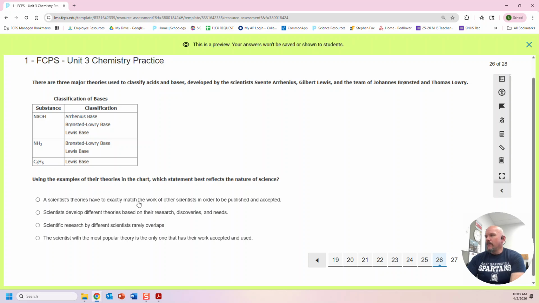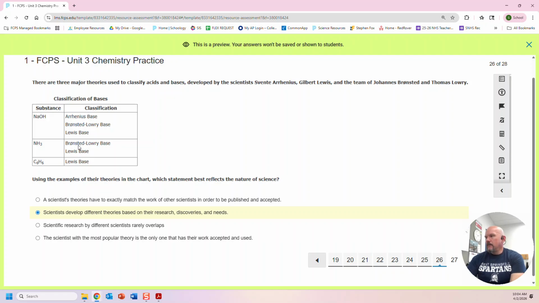You can read it all and probably process which one sounds the most scientific, but it's going to be: scientists develop different theories based on their research, discoveries, and needs. Okay. It's not the one where it says it rarely overlaps.